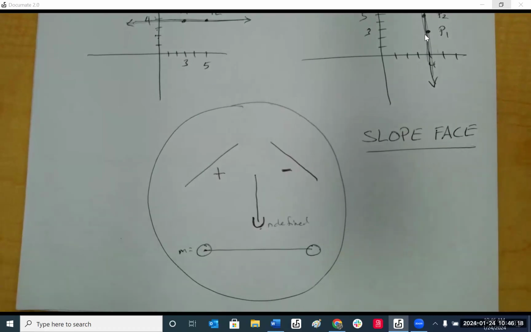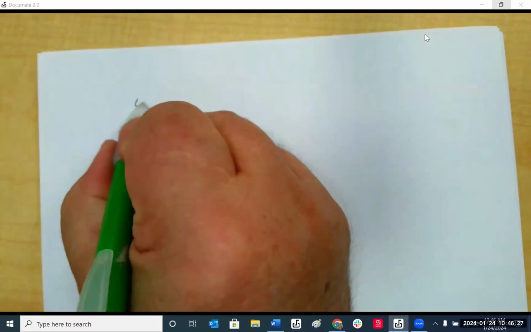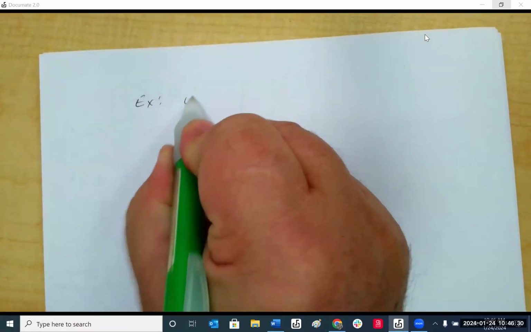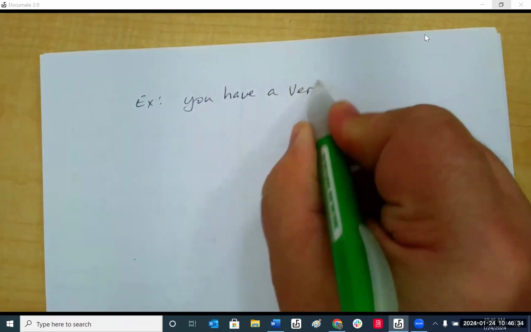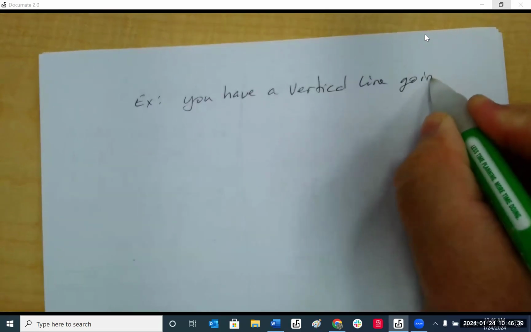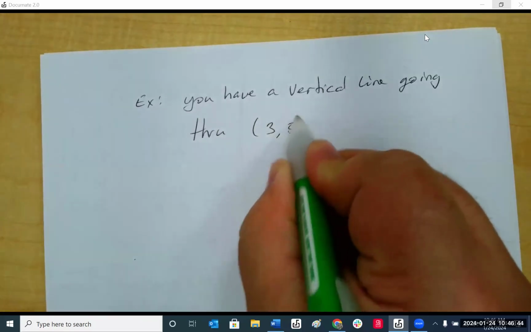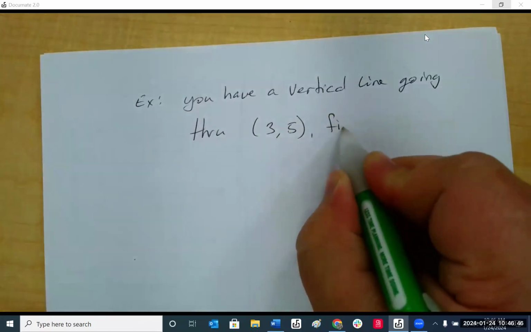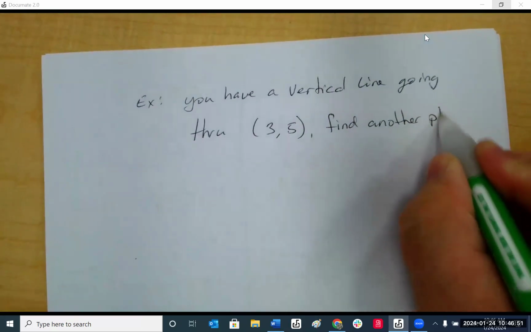I'm just going to say, example: you have a vertical line going through 3, 5. Find another point.